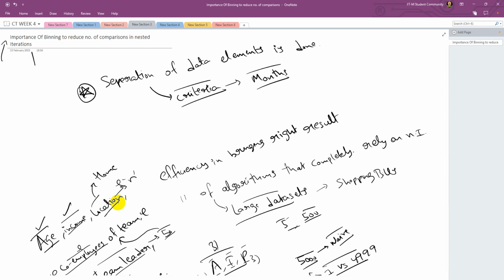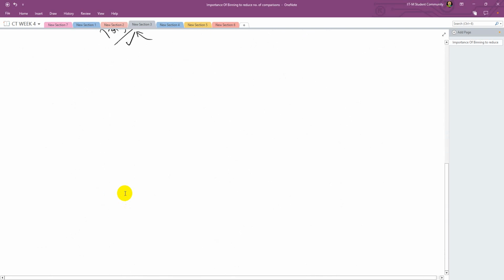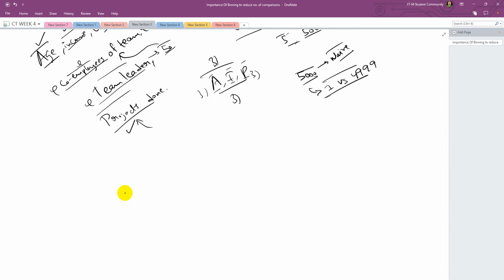This 1 versus 4999 is not done when binning is followed. When binning is not followed, we only have this option of 1 versus 4999, and when binning is followed, we go by these three fields. So overall, binning can be a powerful technique for reducing computational complexity. What does computational complexity mean?